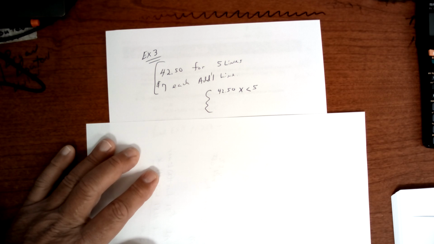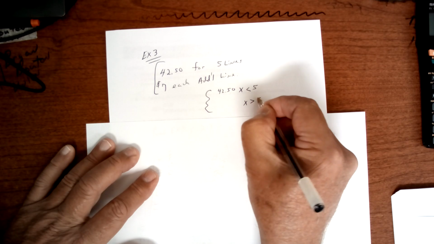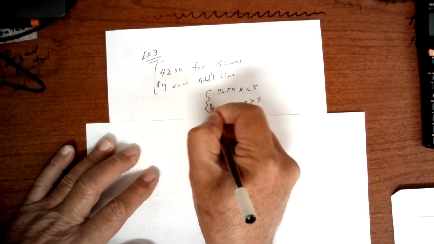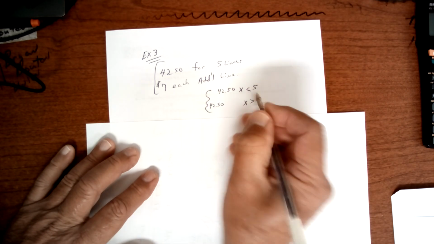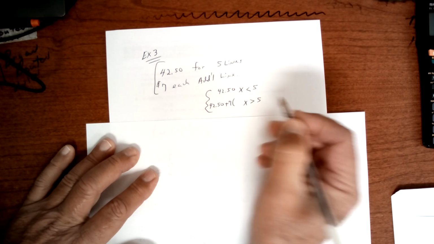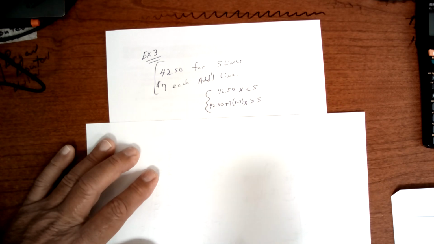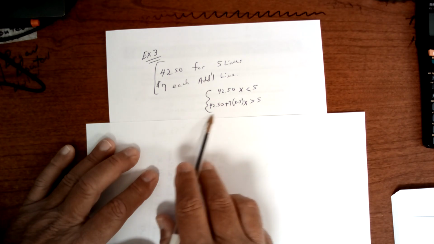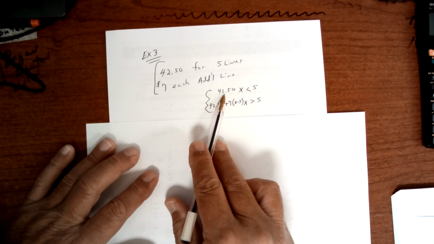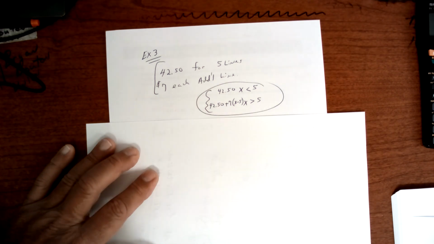Now, if it's bigger than 5 lines, then you're going to pay the $42 for the first 5 lines, plus $7 for each additional line. So it's going to be X minus 5, because you already paid for the first 5 lines at $42. And this is the formula right there, if you're going to program a computer.